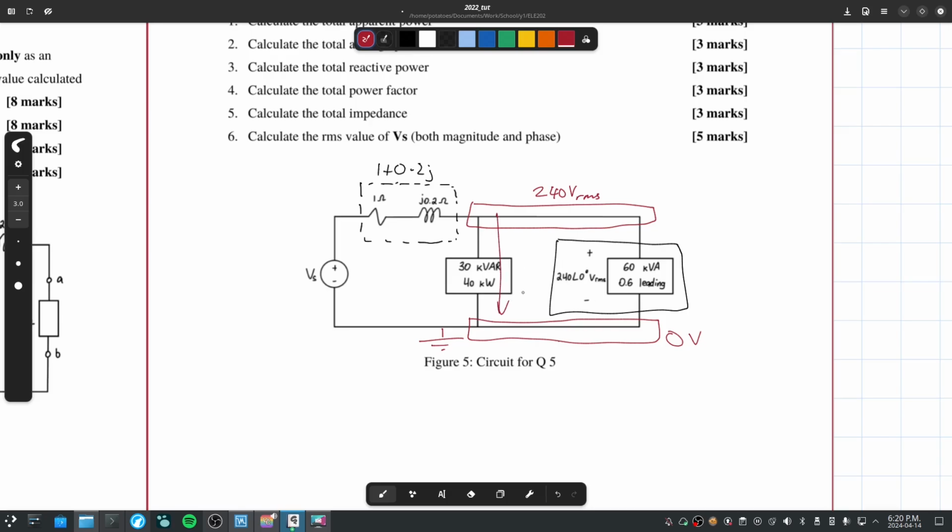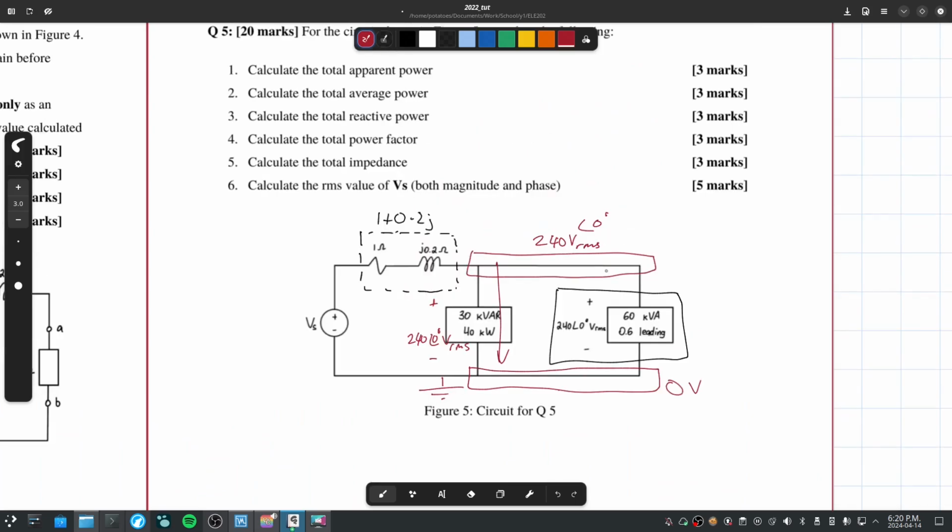Which means that the voltage drop across here is also 240 with a phasor of 0 V RMS. So the voltage here is the exact same thing as this, right? If you remember from the start of ELE202, when they're in parallel, they have the same voltage.